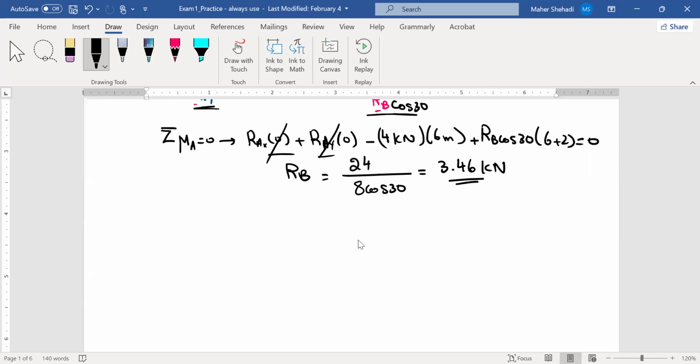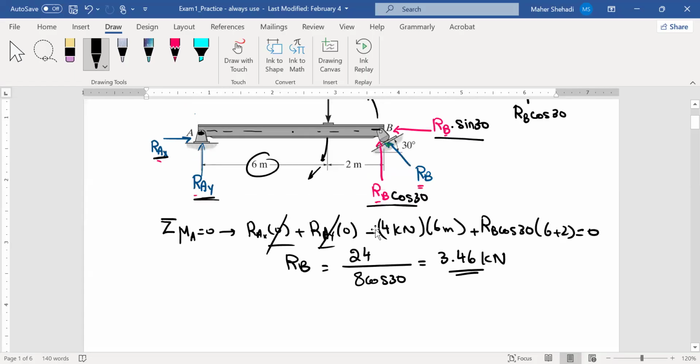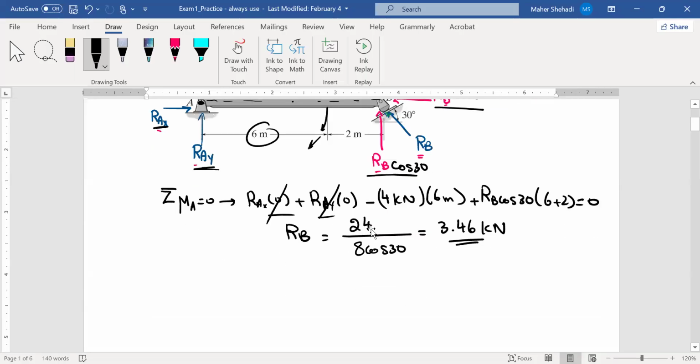I'm not asking you to do cosine and sine, but we need those when you do the balance in the X and Y direction. Okay. So next, since I solved this, I can solve either the X or Y, and I should solve for the two other unknowns, RAx and RAy.